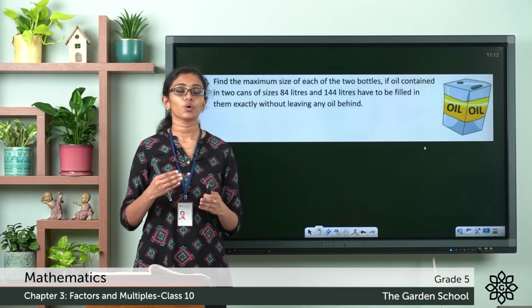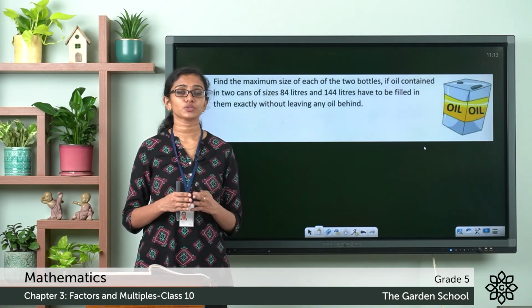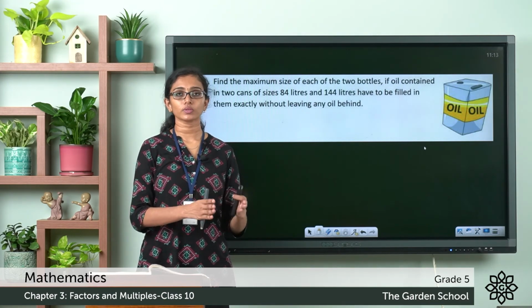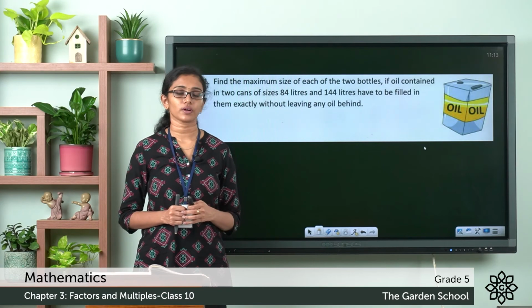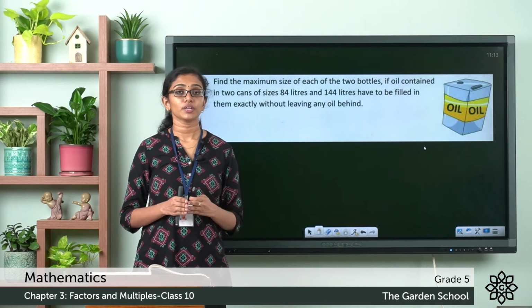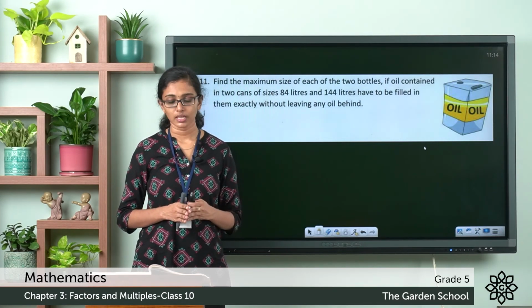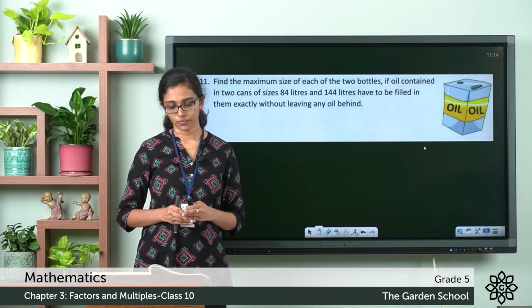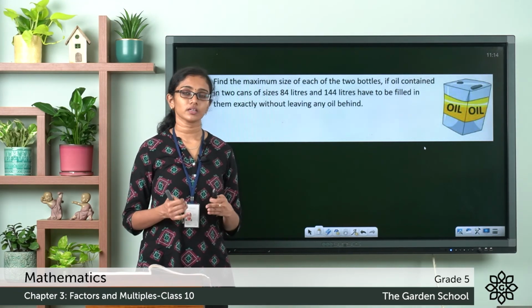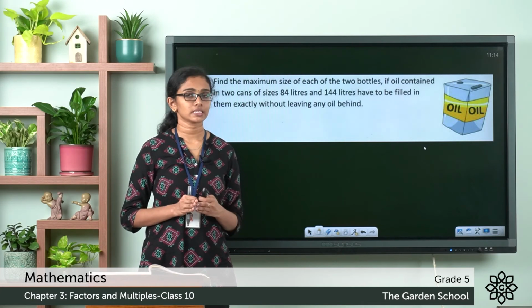So, here what you are asked to find out is a common factor that can be used to divide both 84 and 144. And it says the maximum size. So, we need to find out the highest common factor which can divide both these numbers, that is 84 and 144. So, you can use the prime factorization method or the short division method to find the HCF.